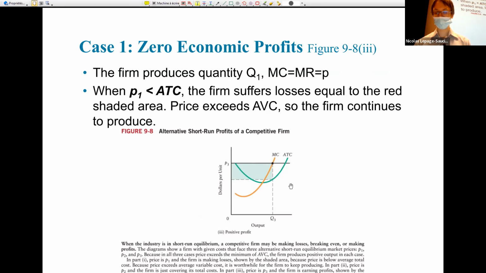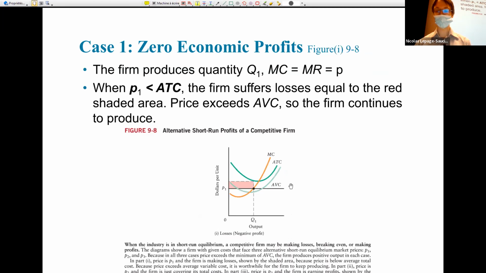And of course, the sad story is the other, when the price is so low that you do produce, but still you don't make up the fixed cost. So the profit is between minus fixed cost and zero. And you see that it's negative because it's below the average total cost. And that's not a nice situation.